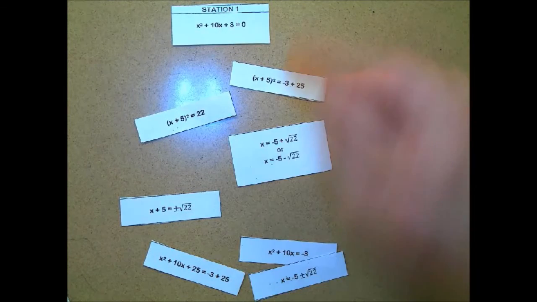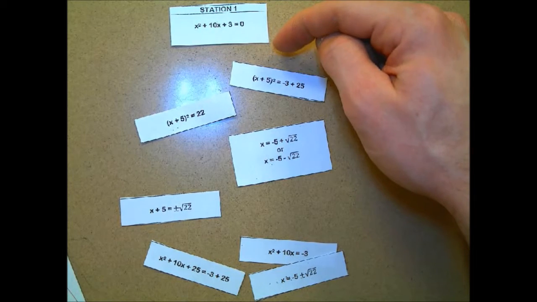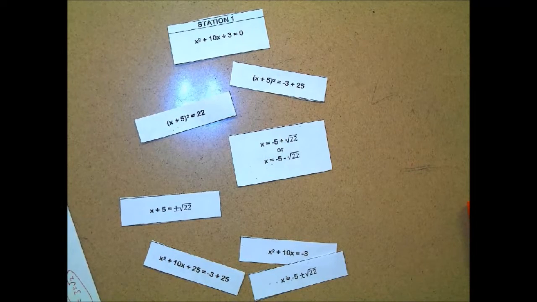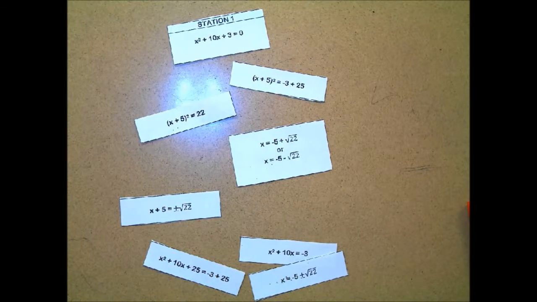The one that's attached to station 1 is the first step, so you want to keep that one together. But then put everything else in the correct order for what completing the square would look like for this particular problem. And of course, you have station 2 and station 3 as well. So go ahead and do that for whichever station you've got.